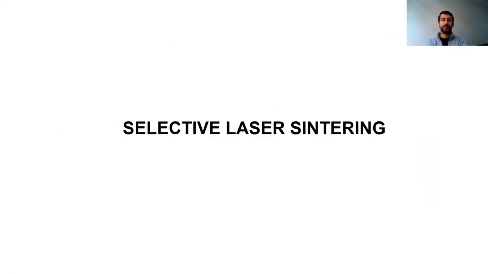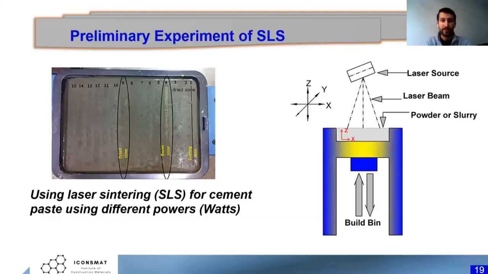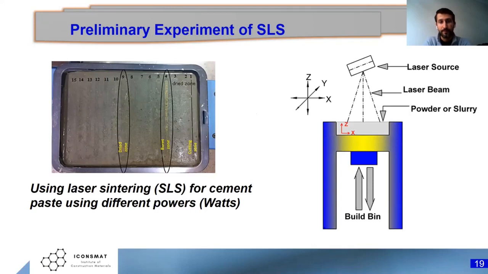In terms of selective laser sintering, we have not done too much in this type of technology, but it's really important to do future work on it, because nowadays they are providing different types of SLS, in small scale and larger scale as well.